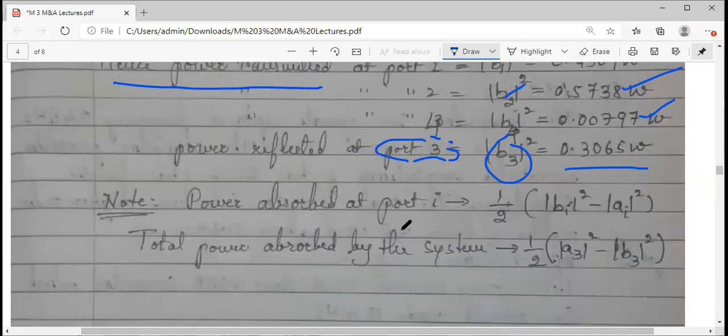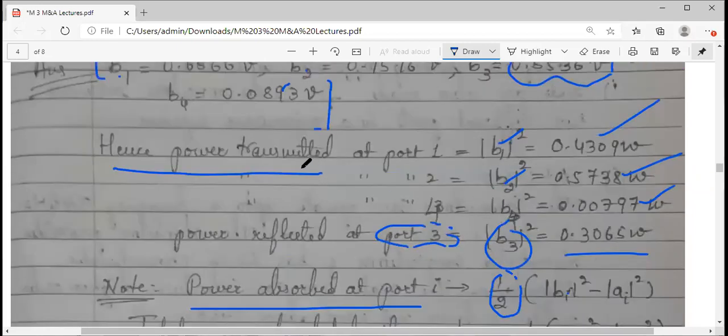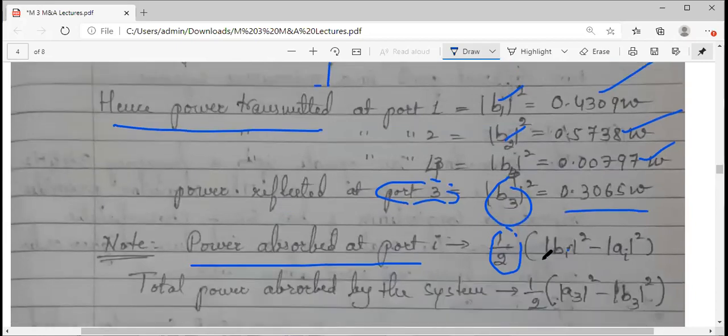Okay. And as a note, I have written here, how much amount of total power is absorbed by the system. So power absorbed is half of जितना reflection आपको आया है, reflected power, or the what in case of other ports we take this B as the output. So जितना output receive हुआ है minus जितना transmit हुआ है, so the जो भी difference बचेगा, that is the power absorbed.